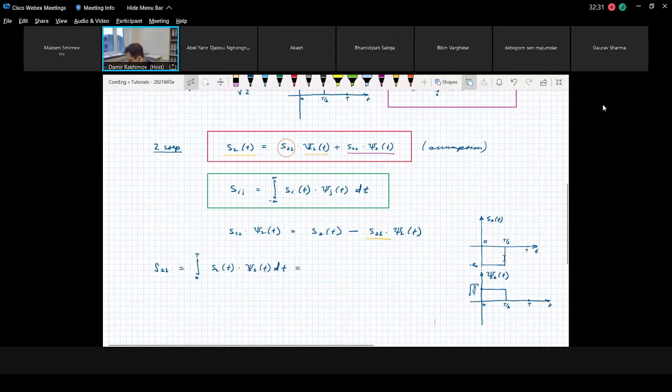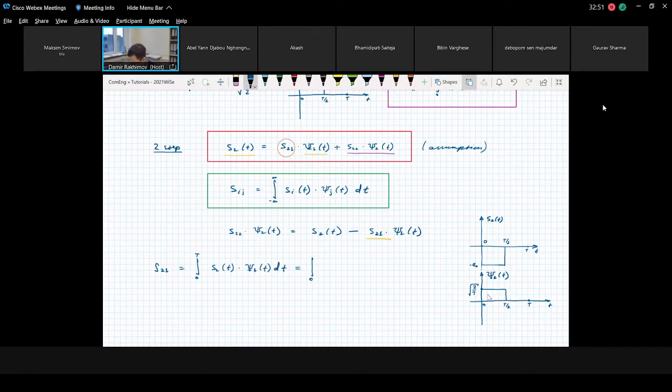You see that actually the second signal is just a normalized version of our first basis function. So we can calculate the integral.